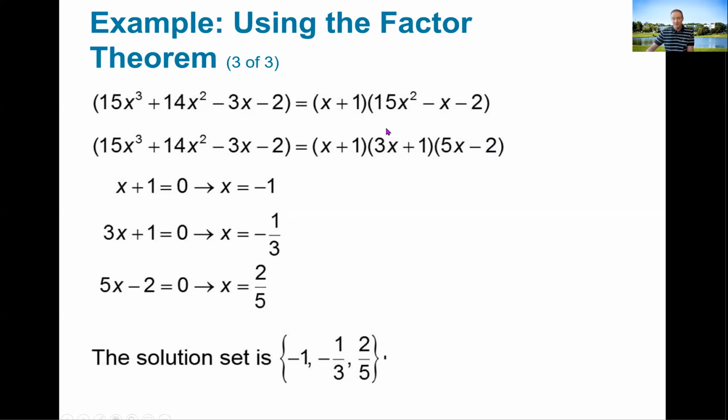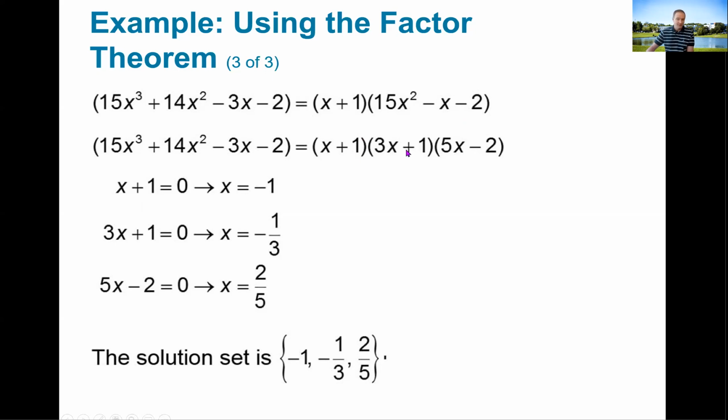So I know that this is in factored form. And again, if you preferred, instead of factoring that quadratic out, you could have used the quadratic formula to solve for x there. But I kind of like the factoring here. Now, once I get it fully factored, then I just set each factor equal to 0. The factor of x plus 1 gives me a solution of x equals -1.